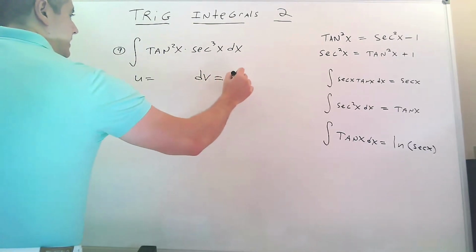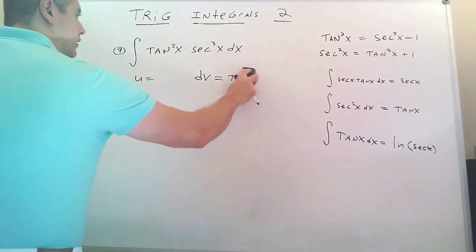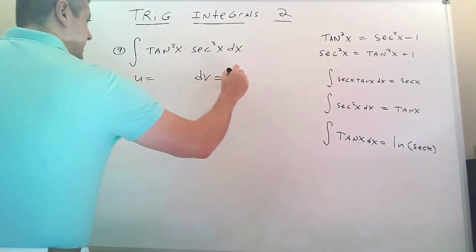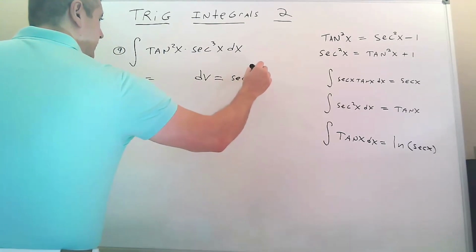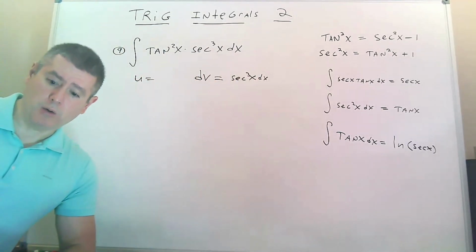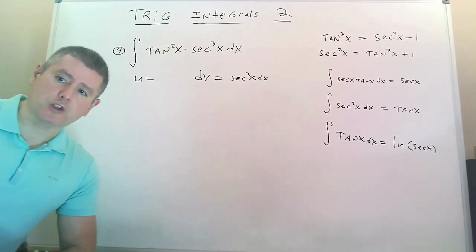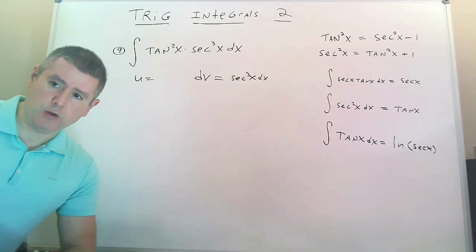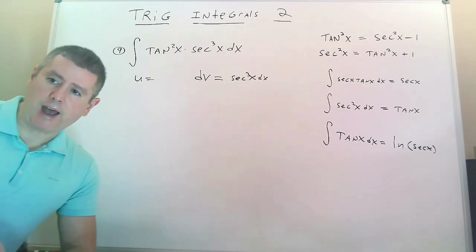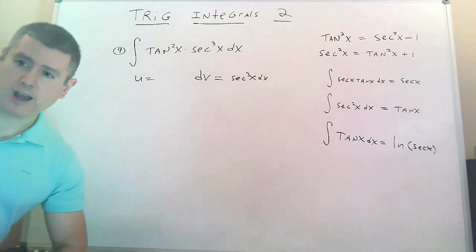You're either going to make the dv tan squared, or you're going to make the dv secant cubed. But this is the problem with what happens when secant is odd but tangent is even. You really get completely stuck. There is not a nice way to do this. You have to use parts. You have to use identities. It's absolutely insane.